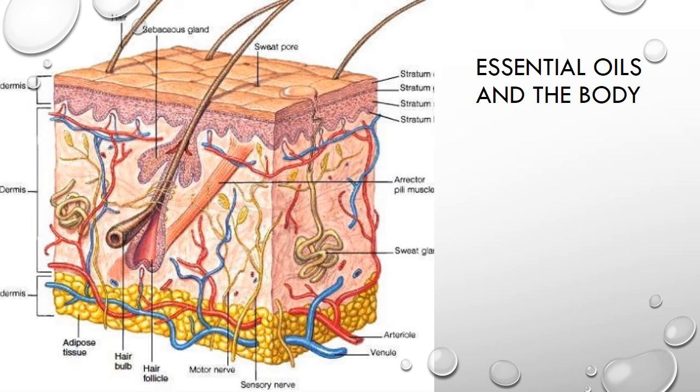So it will just affect where it was applied. So say if I apply lavender to my arm and it doesn't penetrate into the dermis, which is the middle layer, and enter the bloodstream, then that means that I will just feel the effects on my arm, and it won't be a whole body effect.